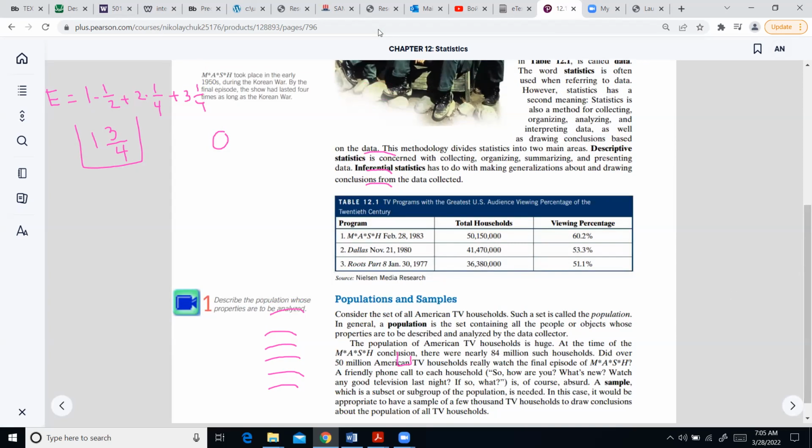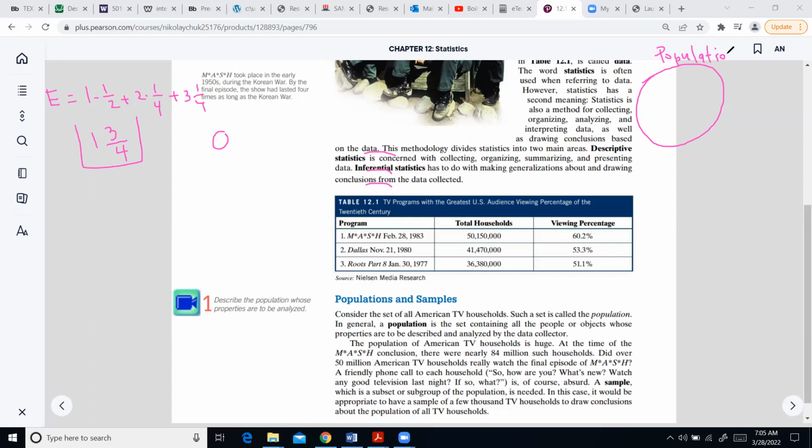We always deal with something called a population. That's a special statistical word that people will get used to eventually. Population, that's everything. Everything means everything that you are trying to study.